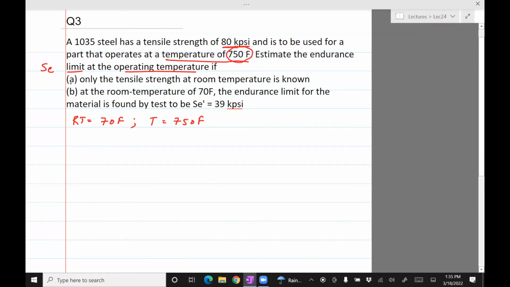What else? So the first part assumes that you only know the tensile strength at room temperature, which means that you know SUT at room temperature. In other words, that is SUT at 70, and that is 80 kpsi.